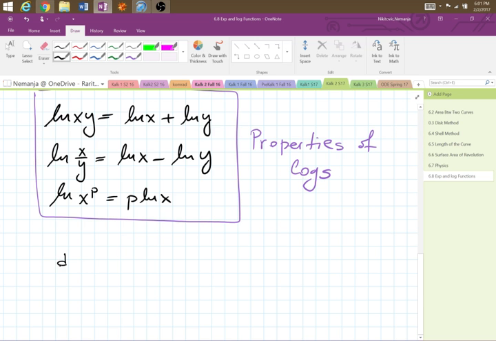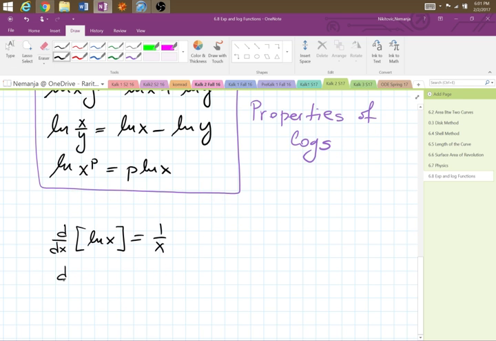So what would be the derivative of ln x? 1 over x. Great. Now let's upgrade. What is the derivative of ln of f of x?